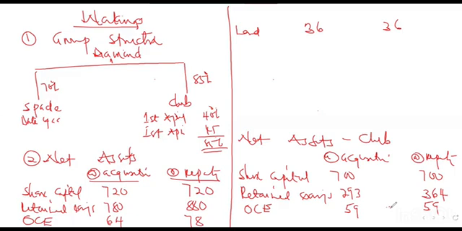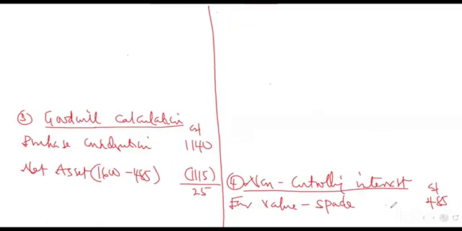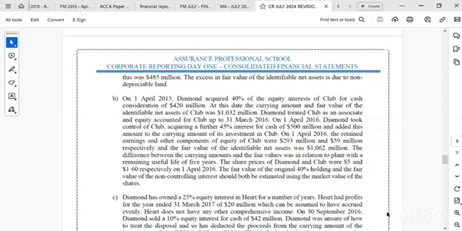So there is an increment of 10. They say that 10 is due to a depreciable item. The difference between the carrying amount and the fair value was in relation to plants with a remaining useful life of 5 years. So the 10 that is coming over there is plants, and this plant has a remaining useful life of 5 years.